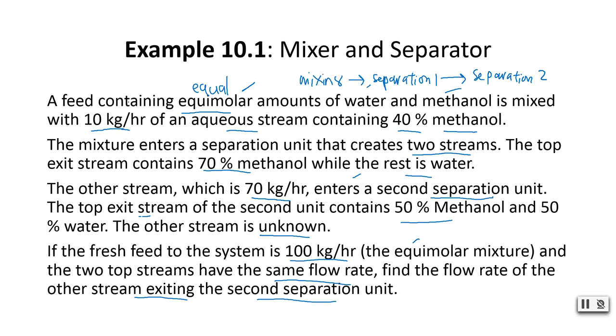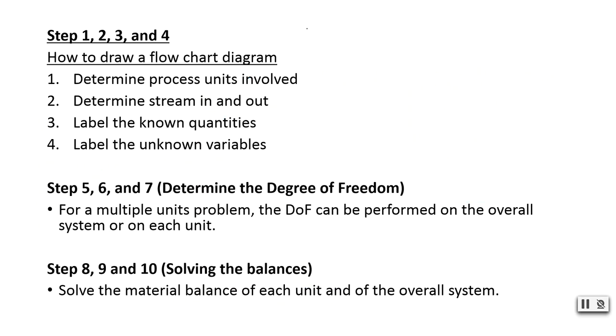All of this information we need to take note of and extract in order for us to draw the block diagram. The similar steps as listed in the previous slide, steps 1, 2, 3 and 4: a flow diagram needs to be drawn. Determine the process units involved. In this case, mixing, separation 1 and separation 2.